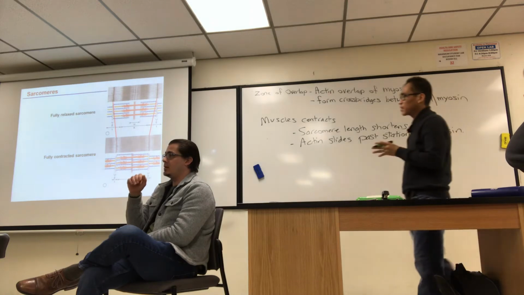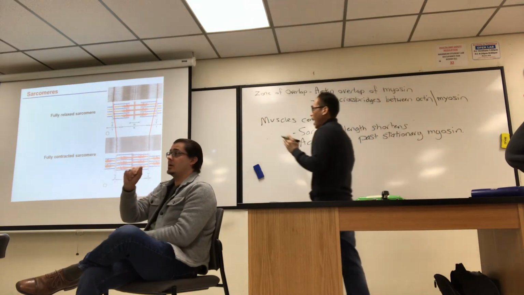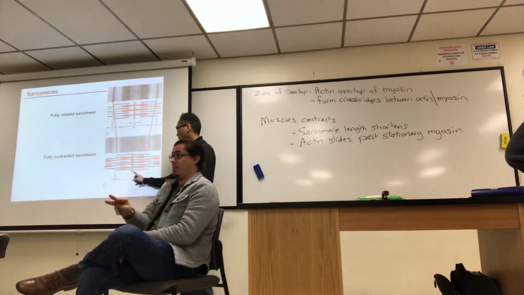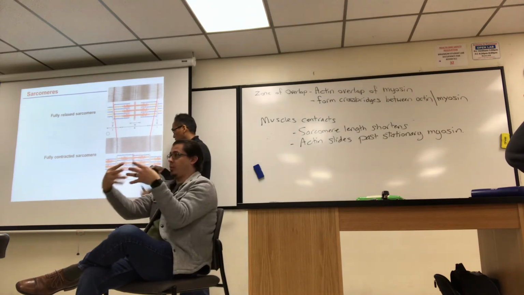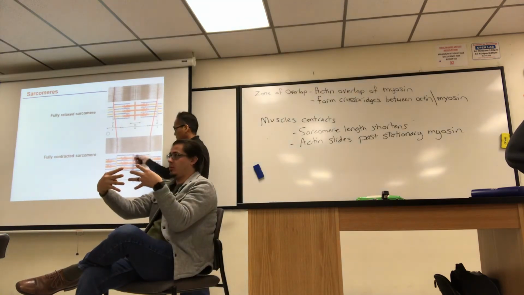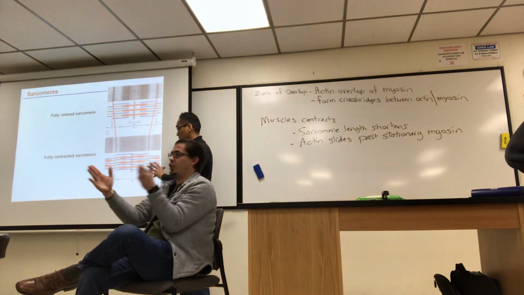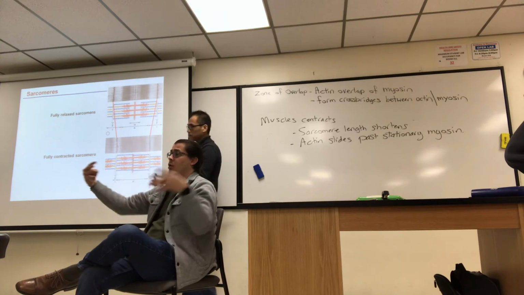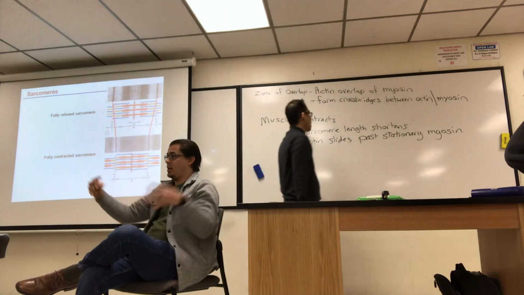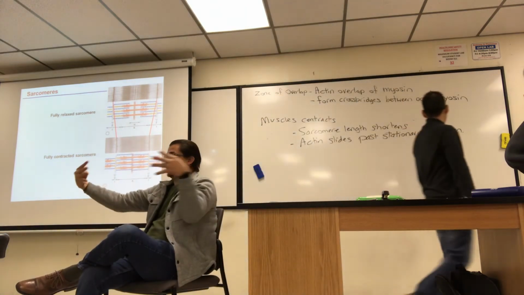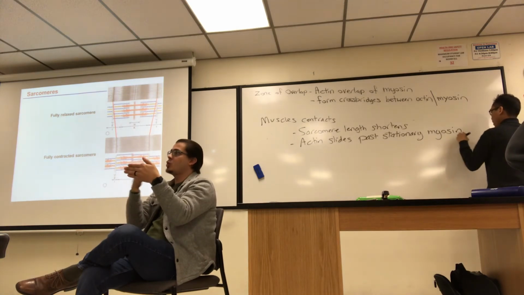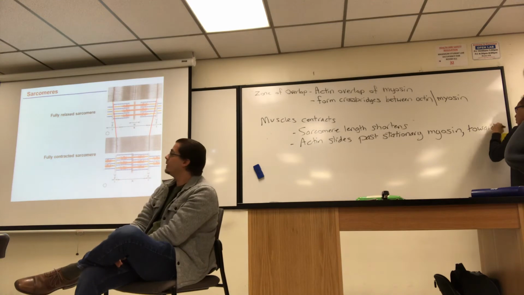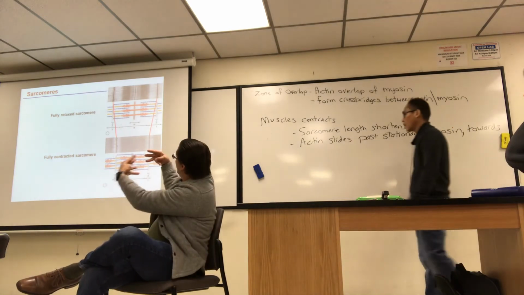Notice that the actin, both actin on either side of the M line, are sliding towards the M line. On this side and this side, it's kind of like the actin slides past the myosin, but towards the M line on both sides. I'll put comma, towards M line.